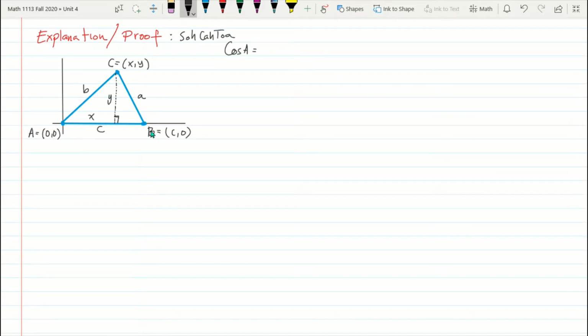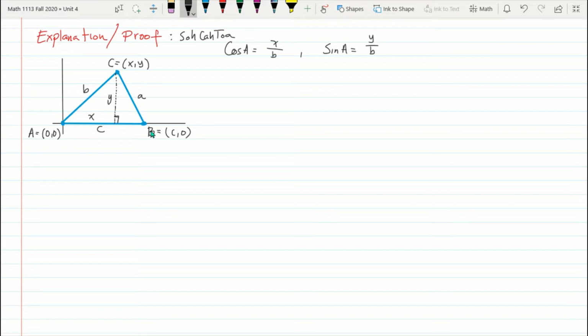right? So cosine of A is equal to the adjacent over the hypotenuse. So it would be the length of x over the hypotenuse b, okay? Then sine of A is going to be the opposite, which is y, over the hypotenuse, okay?